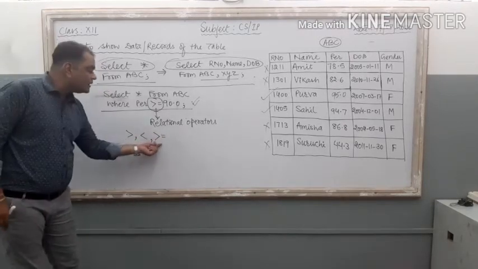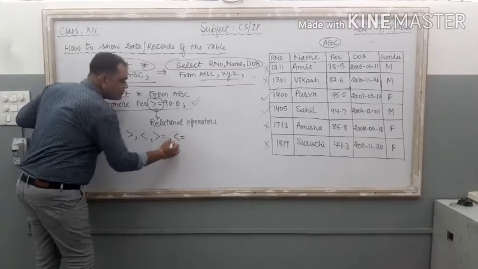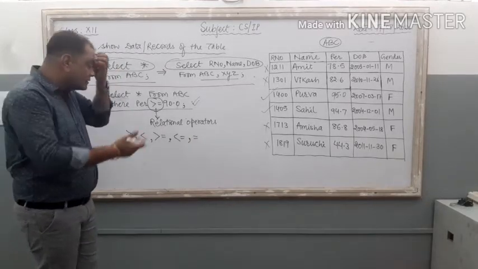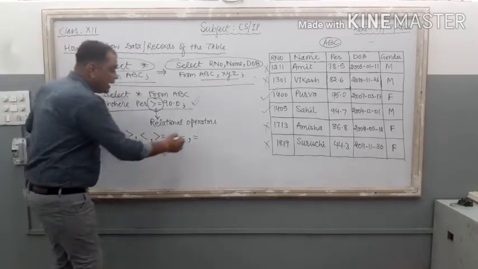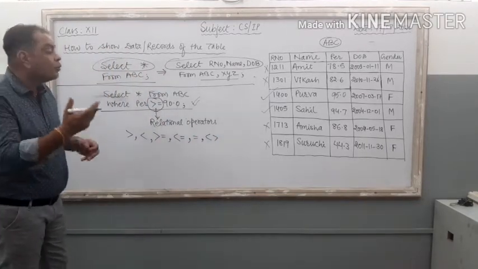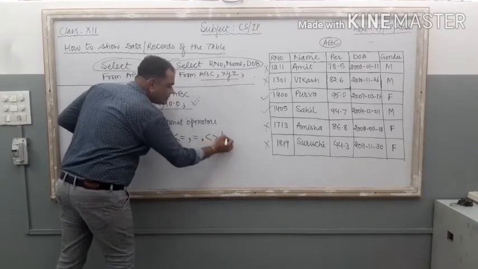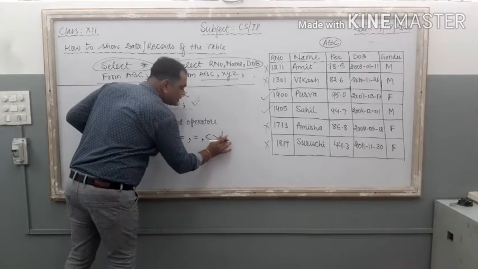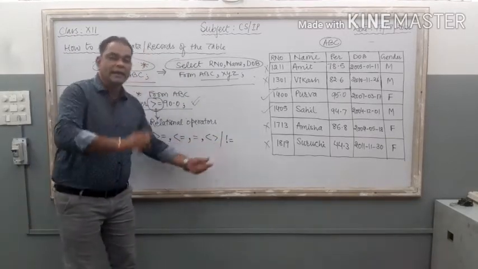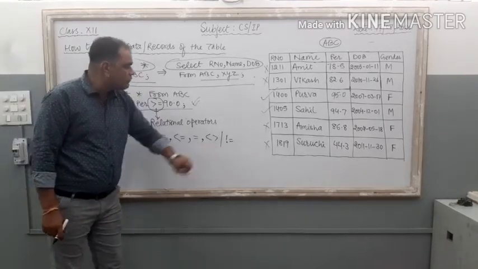It is known as greater than or equal to, right? Then here less than or equal to. Then equal to means for accurate searching, for exact searching we use the equal to symbol, and this symbol is related with not equal to. In some older versions of MySQL, you can use either this symbol or this symbol. Both the symbols are related with not equal to. Clear? So these are the relational operators of MySQL.